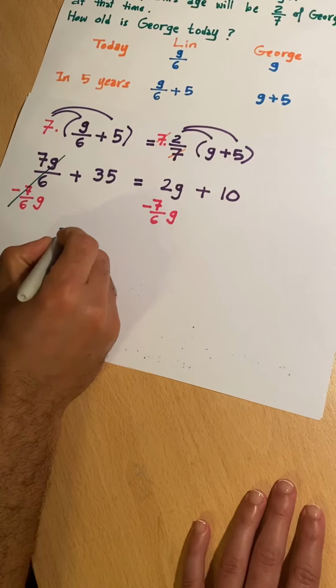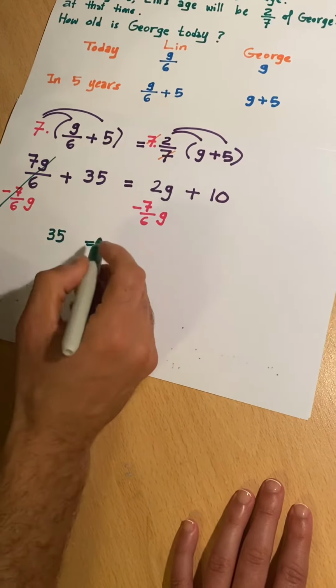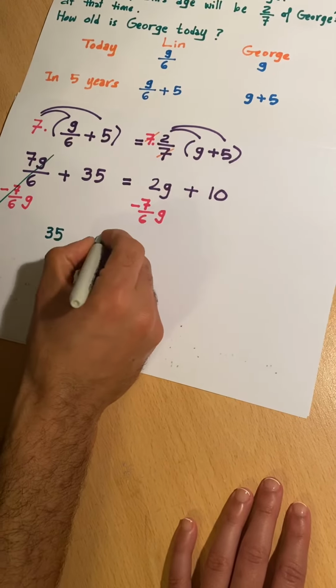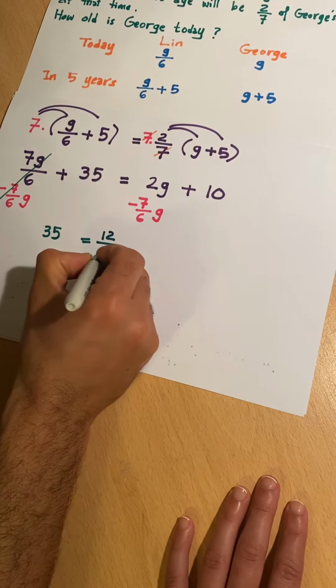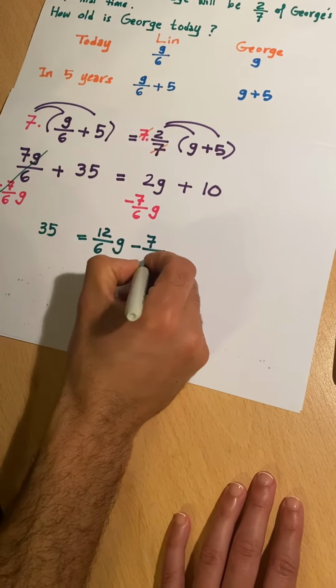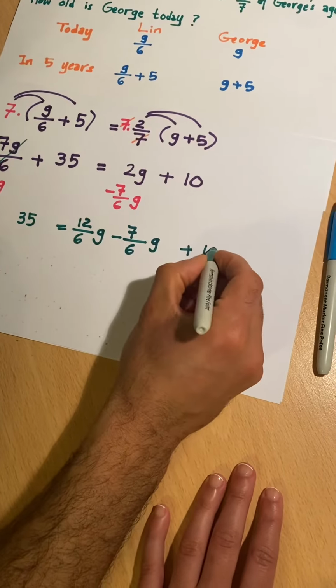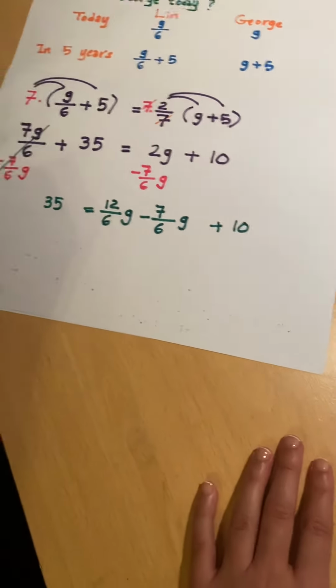We have 35 is equal to, so we know what that is, right? 2G, which is 12/6 G's, minus 7/6 G's, plus 10. I'm going extra slowly, simplifying.